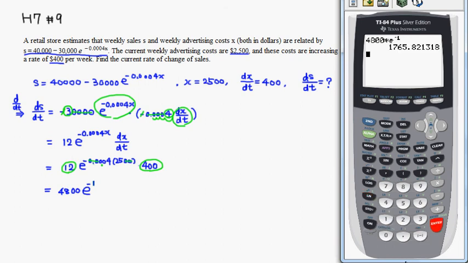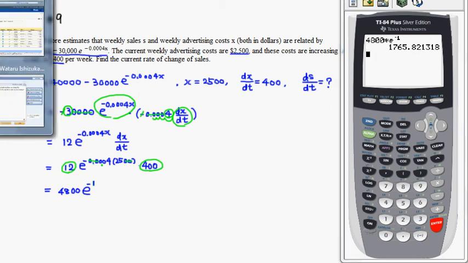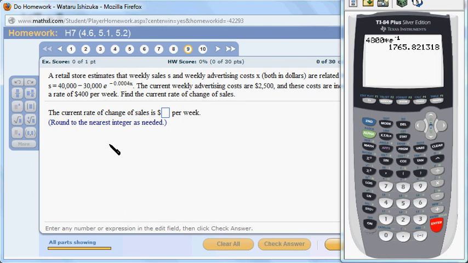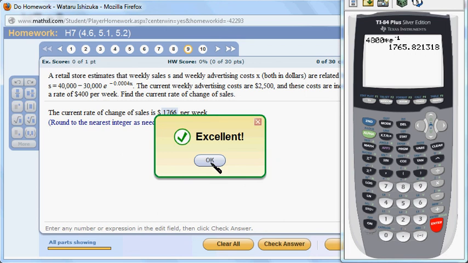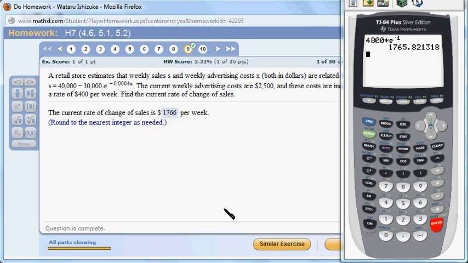Let's type it in. Round to the nearest integer as needed. We have 1765.8, so it's going to be 1766. Let's check the answer. Got that. That's it. I hope that this was clear.